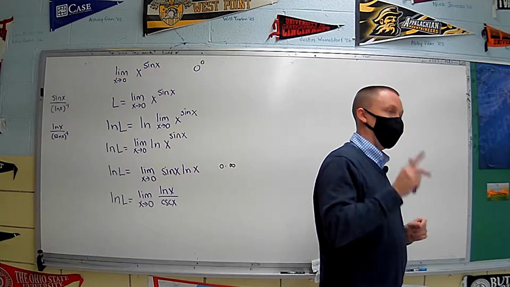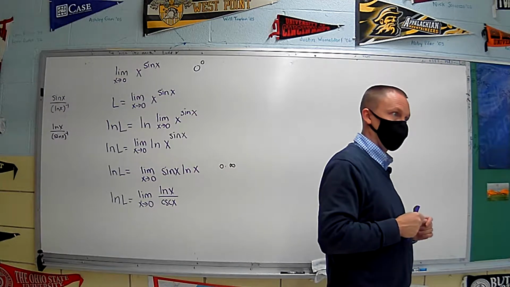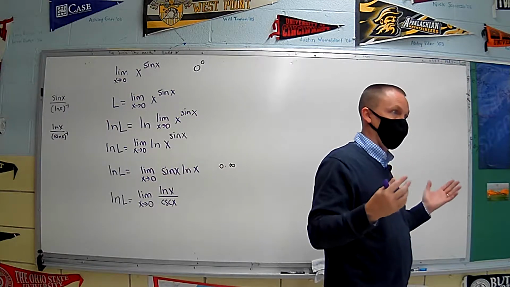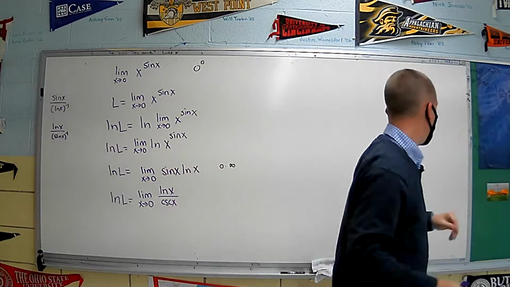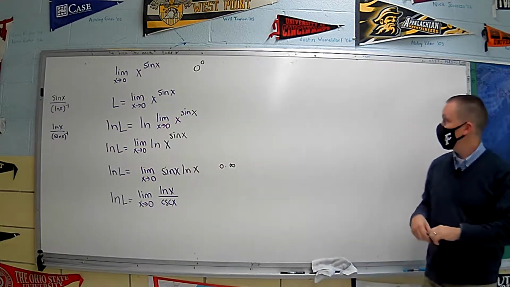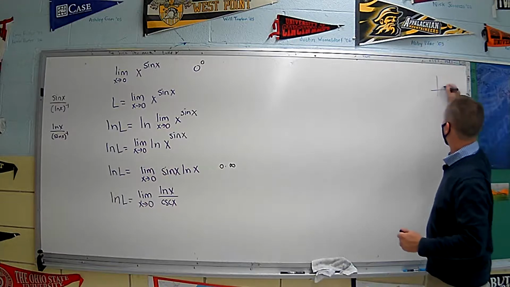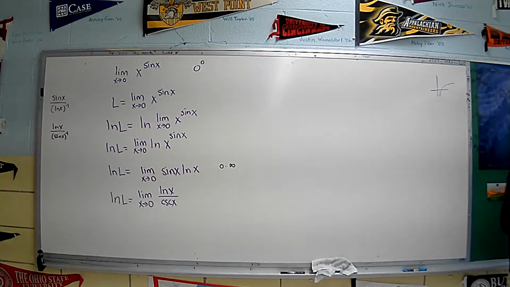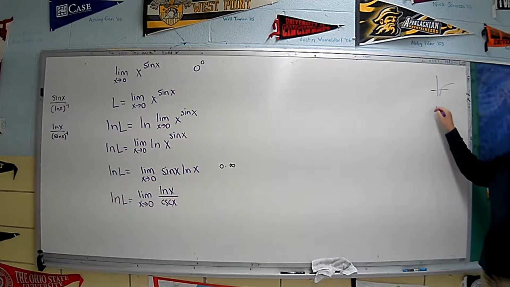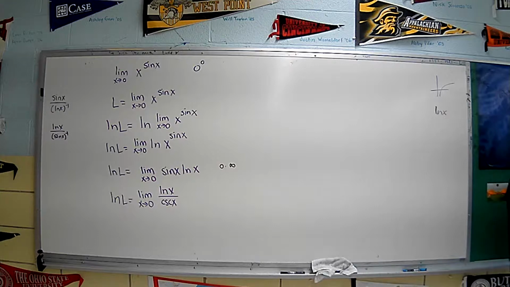If I go to the natural log of 0, let's think about this algebraically, analytically, graphically. The natural log function, if you think about the graph, looks like this. It has a vertical asymptote at x equals 0. As you approach 0, it's going to negative infinity. Why is that?